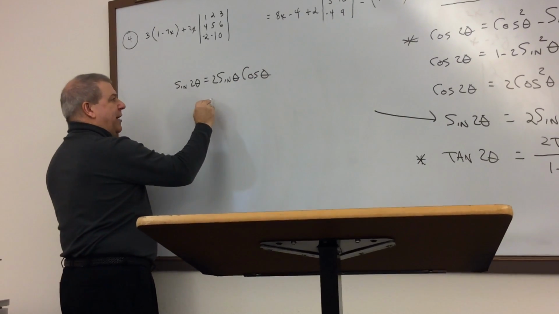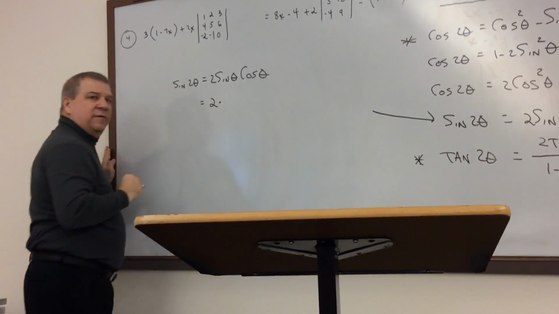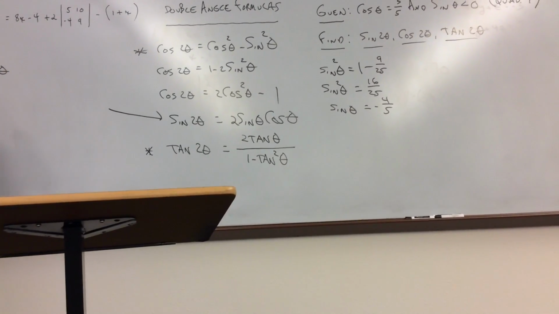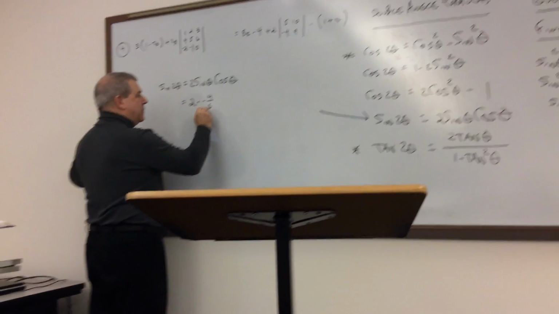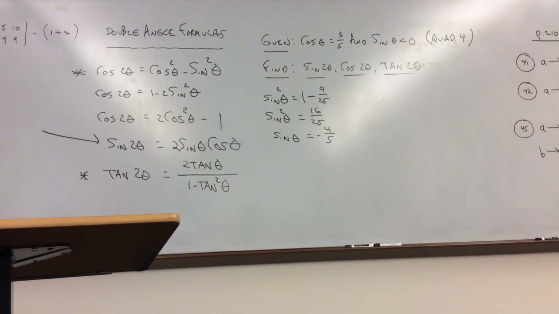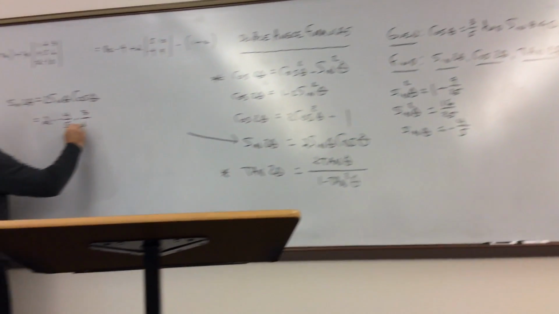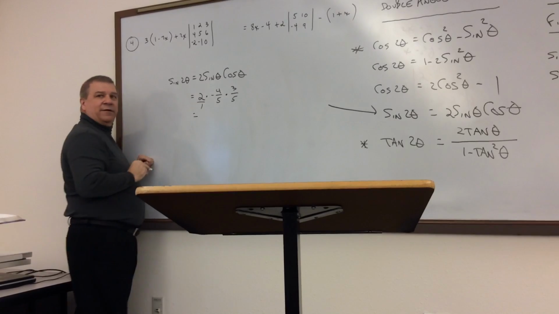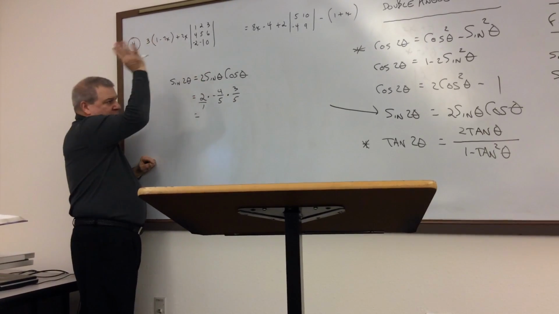So in your notebook, you got 2 times, what's the sine of theta? Just found it. Negative 4/5. Times, what's cosine of theta? They gave it to you up there. It's 3/5. So what's the first answer? Now remember, this is over 1. Just multiply.